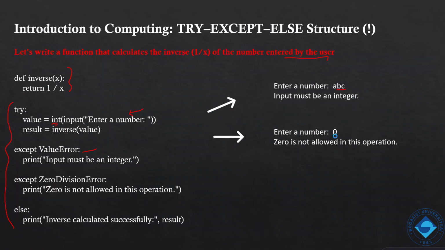And if I write 0, as we can't divide by 0, it will raise ZeroDivisionError. And if I put 4, it will successfully invert it, and this block will run, and also the else block will run.